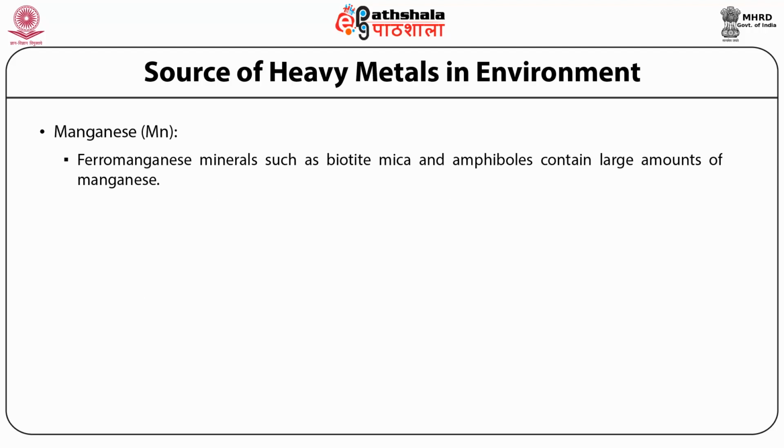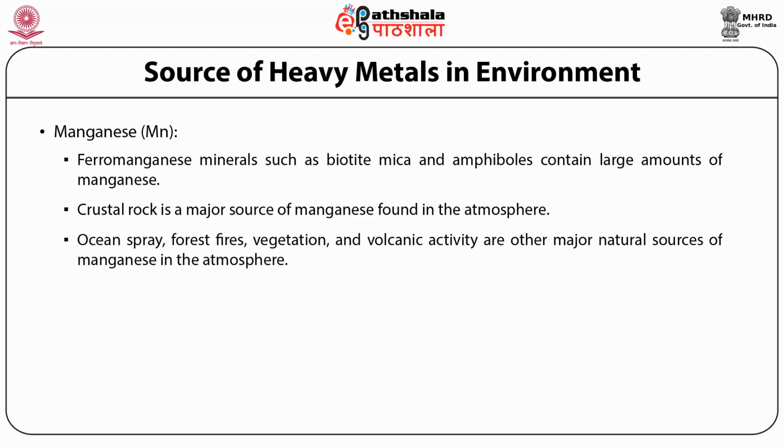Ferromanganese minerals such as biotite, mica, and amphiboles contain large amounts of manganese and can be the primary source of manganese in the environment. Crustal rocks are another source of manganese. Ocean spray, forest fires, vegetation, and volcanic activity are some other major sources of manganese in the atmosphere. The marine system is one of the natural sources of selenium in the atmosphere.